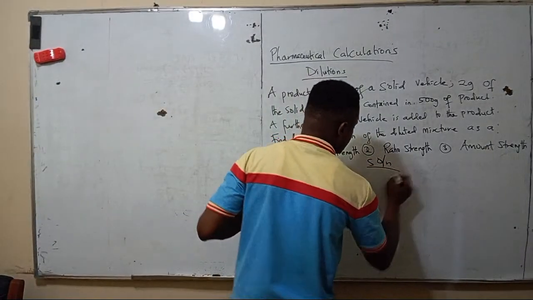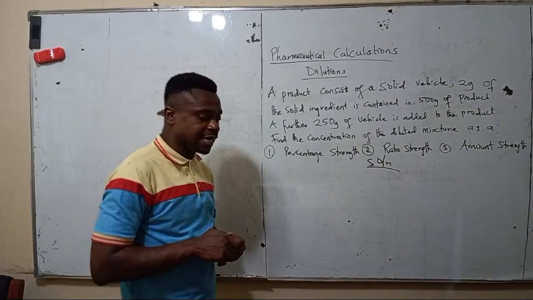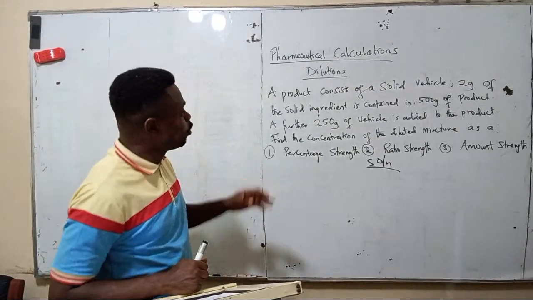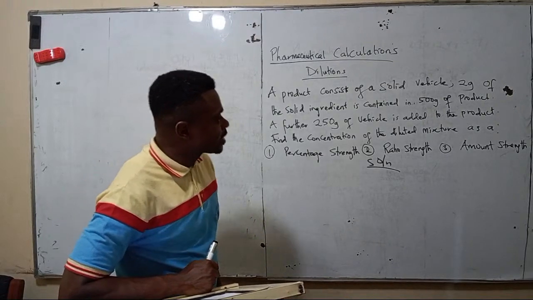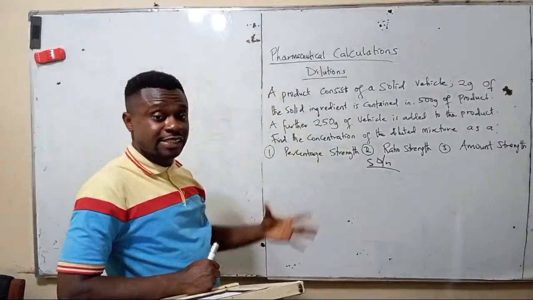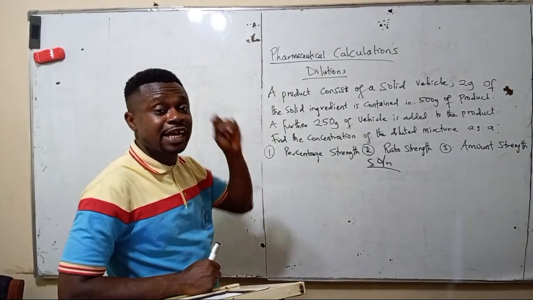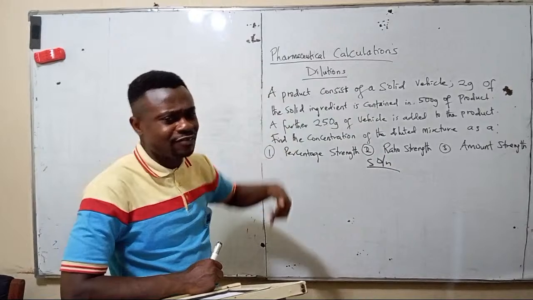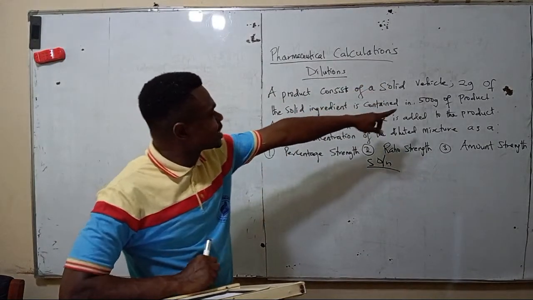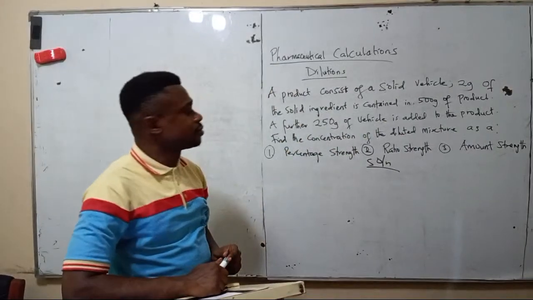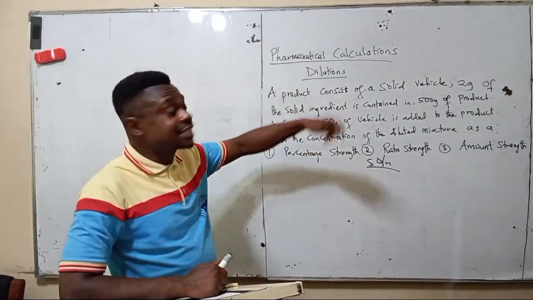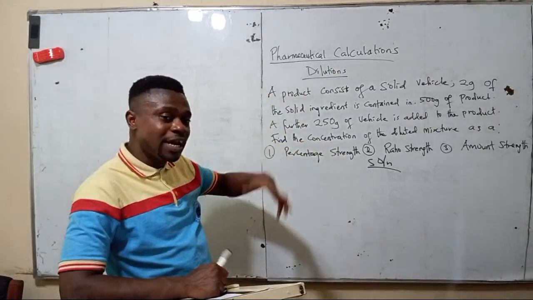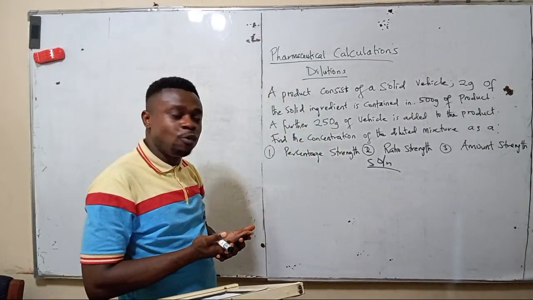Solution. To be able to solve this question, we need to understand something: the amount of the product itself is 500 grams, and inside that 500 grams, the active ingredient is 2 grams, a solid inside a product that has a weight of 500 grams.